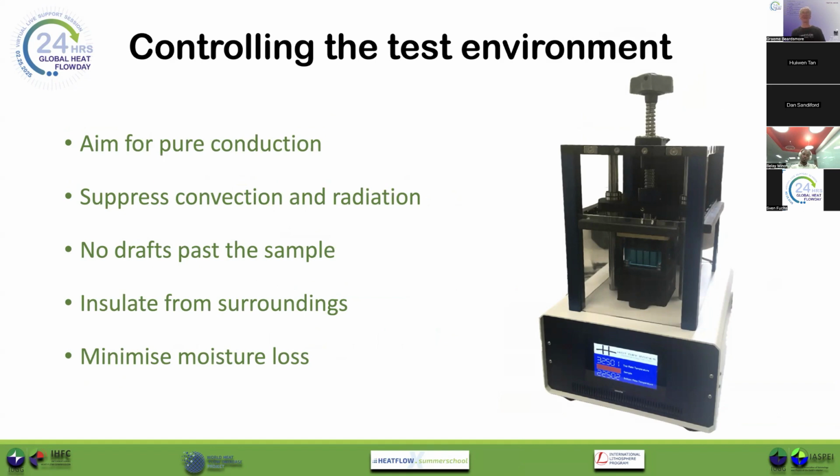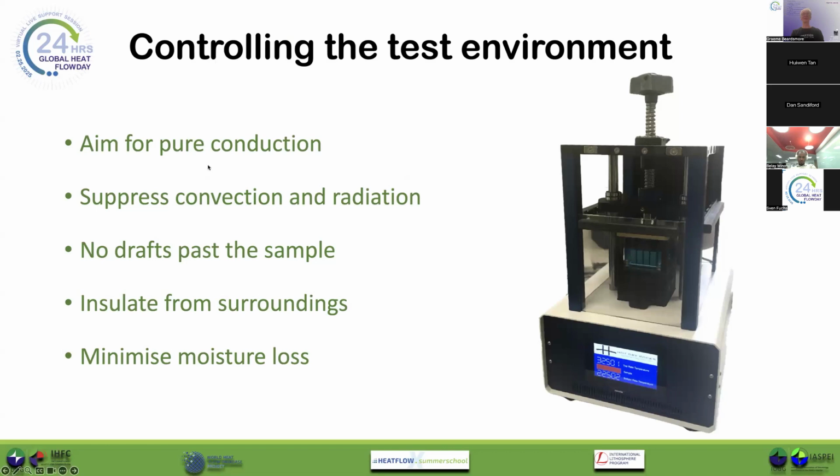If there's any disturbance to the thermal conditions in the laboratory, and in particular if there are air currents blowing past or if there are sudden changes in temperature during a measurement, then that can induce advective transient effects and conduction and convection of heat. So we want to, as much as possible, aim for pure conduction during a measurement. So applying heat in one location and detecting the flow of the heat into the rock by pure conduction.